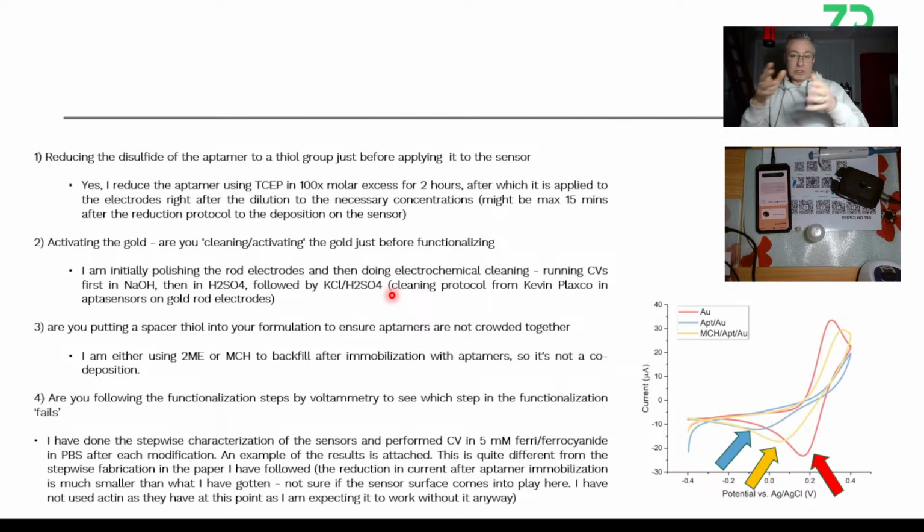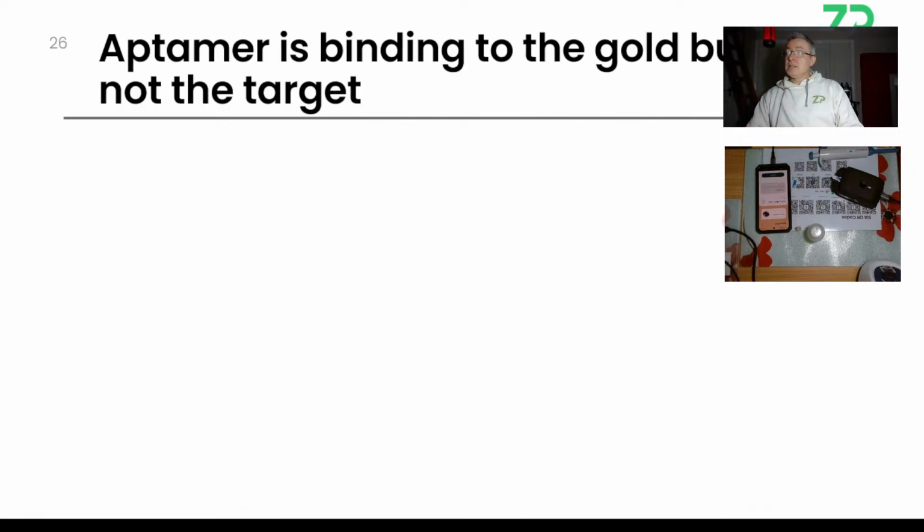The direction in which their voltammetry goes after the placement of the spacer is perfectly reasonable, actually. I have a super strong suspicion, you can see it in their data, that their aptamer binds to the surface.